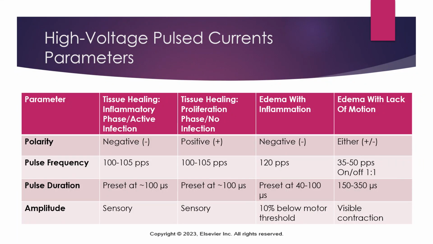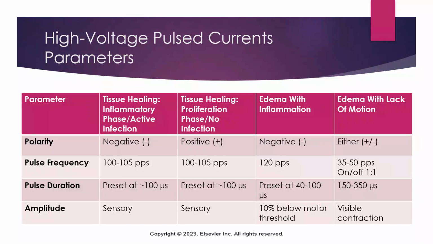And the amplitude is about 10% below the motor threshold, which basically means you're getting it very close to where you might see a contraction, and then you're going to turn the intensity down just so you do not actually see that contraction. So you still don't want to see any type of muscle twitch or anything like that in this phase here, but you're getting close to that threshold.